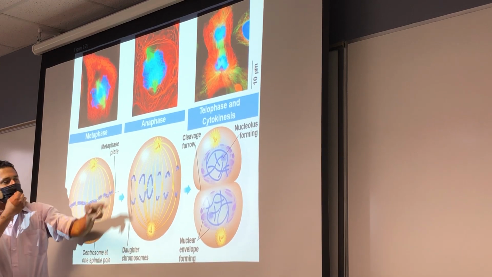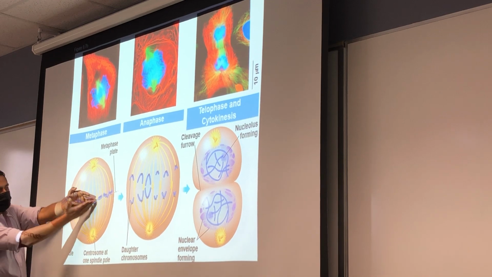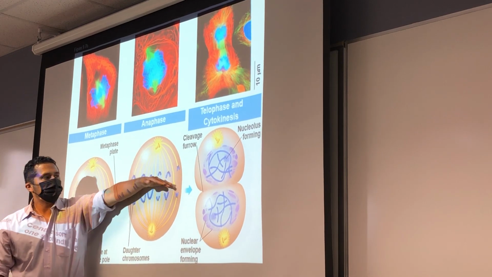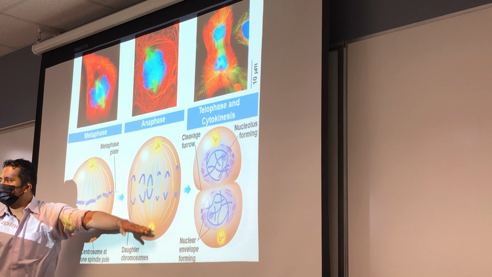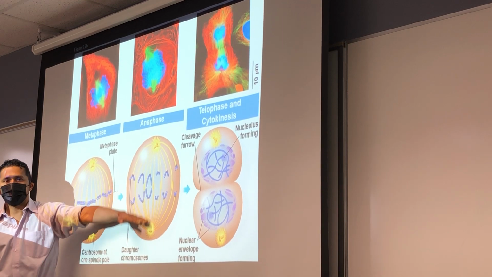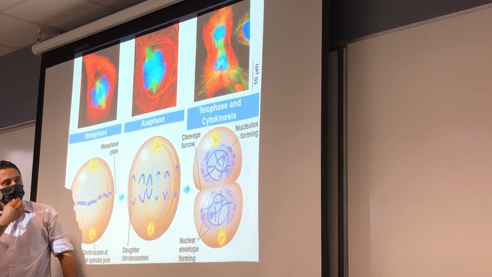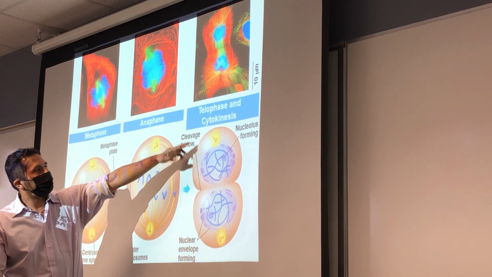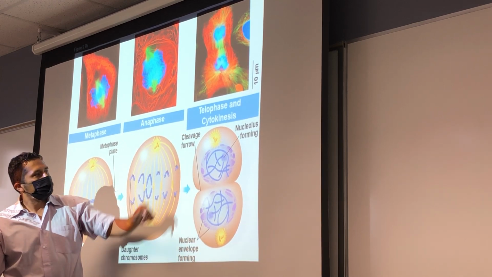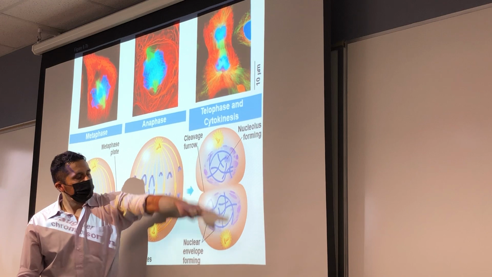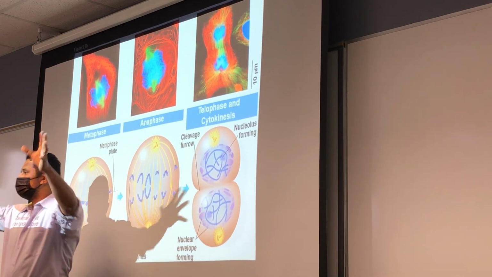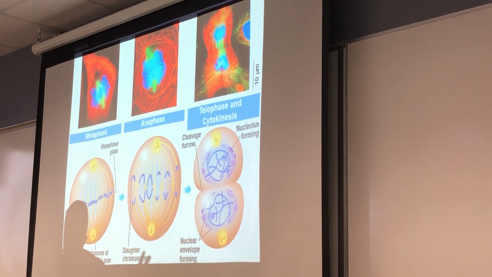Then you have the anaphase, and that is the separation of the sister chromatids, which are going to be migrating to the opposite ends of the cell. Anaphase, separation. Then you have the telophase and the cytokinesis. Here the centrosomes are no longer yielding the microtubules to invade.